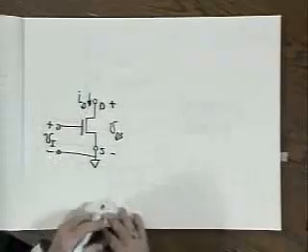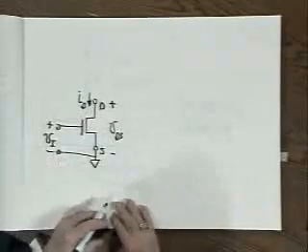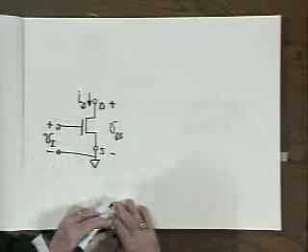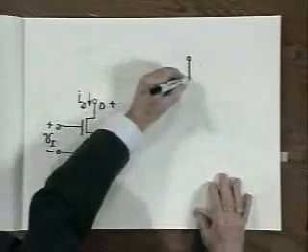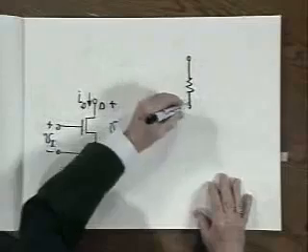So here's the transistor by itself with the variables, current and voltage variables defined. If I draw the rest of the circuit by itself, it looks like this.